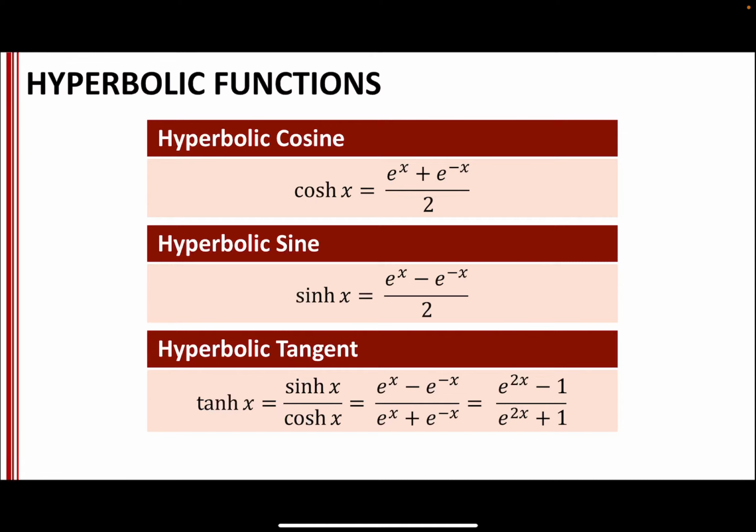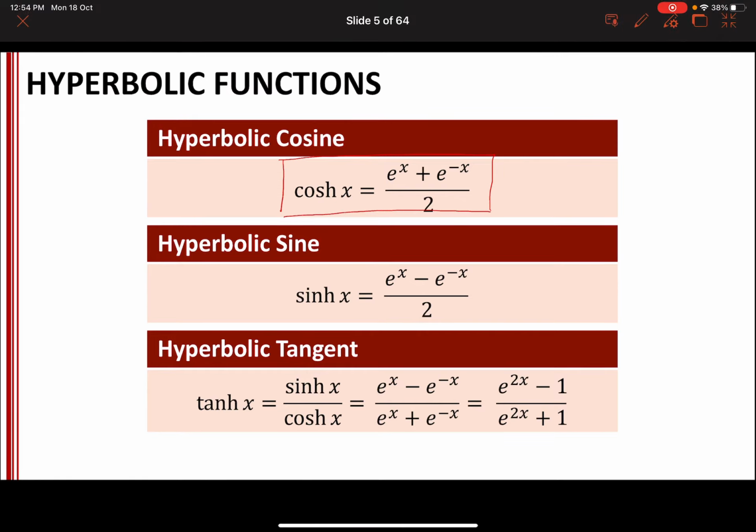Let us start with the definition of hyperbolic functions. The first one is the hyperbolic cosine. We usually pronounce it as cosh x. It is defined to be e^x plus e^(-x) divided by 2.